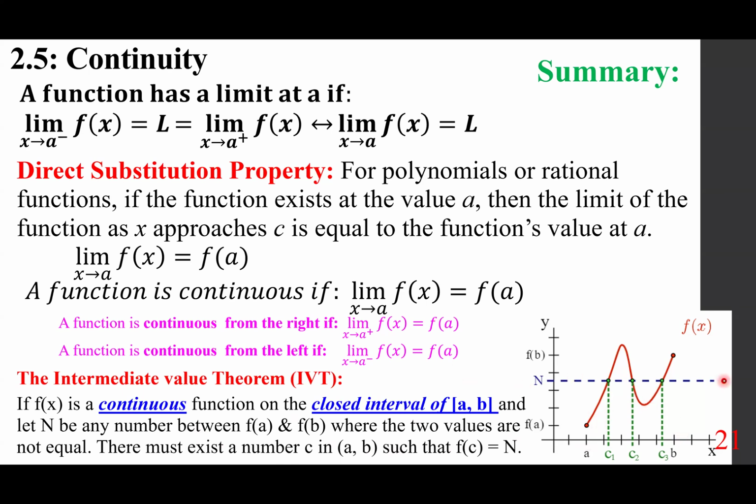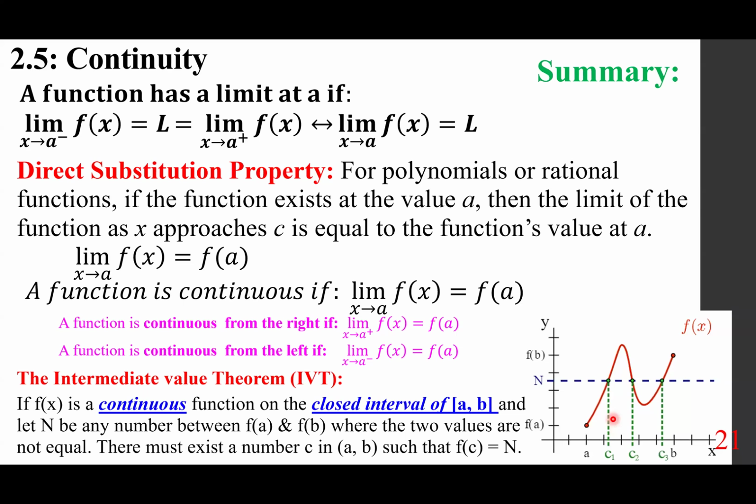If you draw a horizontal line that in essence gives you the value at that point, and because the function is continuous, and f of a is less than f of b, then there has to be at least one point somewhere in between a and b where the functional value gives us n.